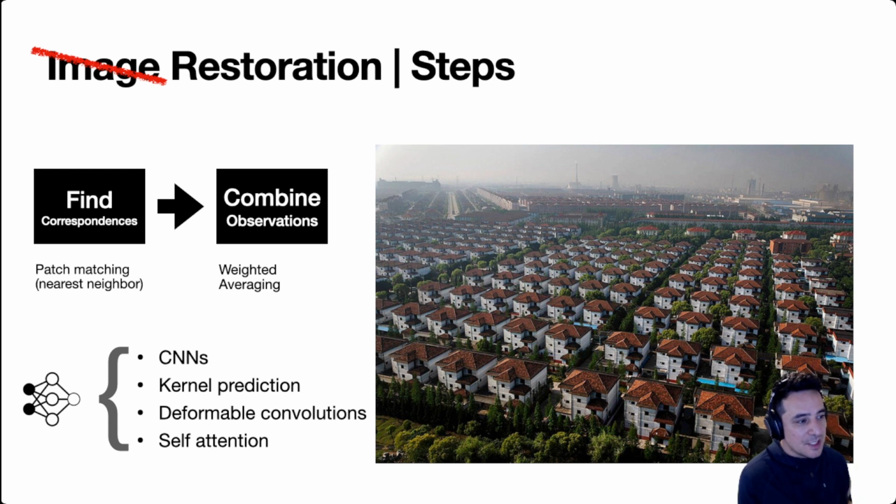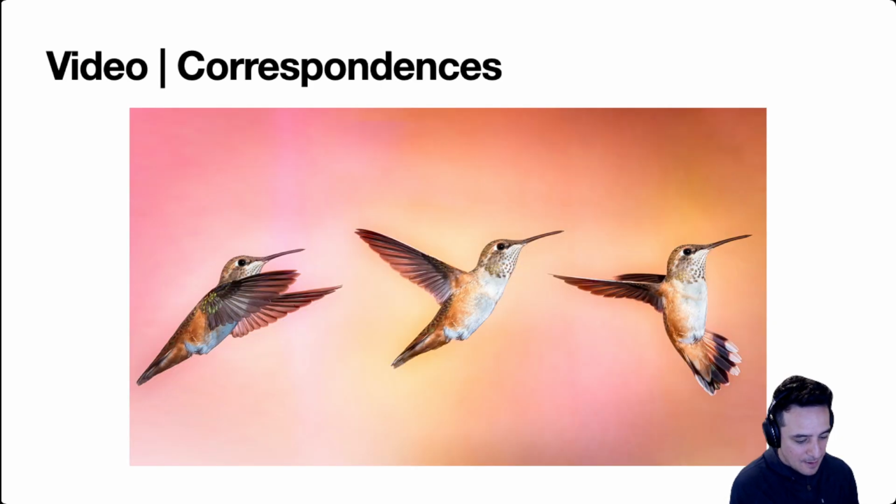And so for image applications, this works fine, in cases where you have repeated structures, and there are things that you can find in the image that are similar, so you can combine all your observations together. But for video, this is even more true. So if you consider these to be 3 frames of video of a hummingbird here, then if you're trying to find the nearest neighbor match for a patch here, well, you actually have observed this point on the hummingbird's head at the other moments in time.